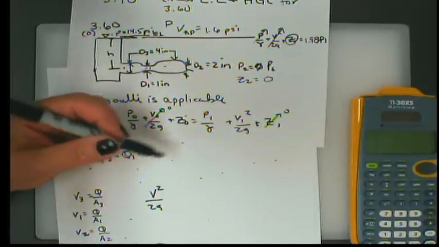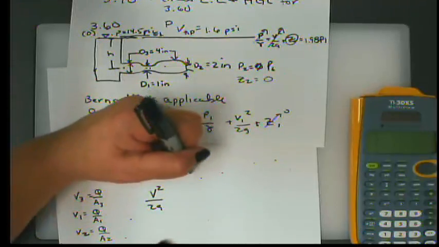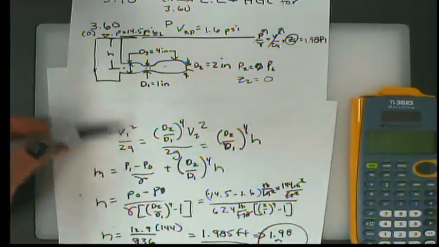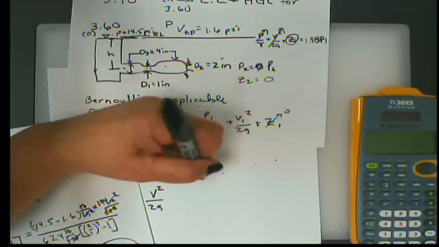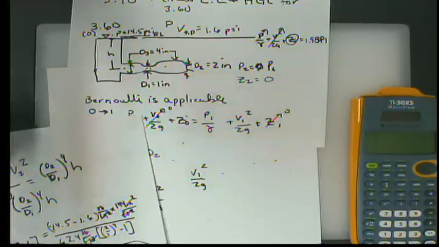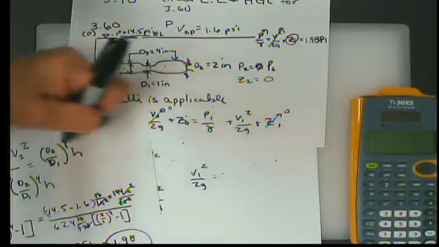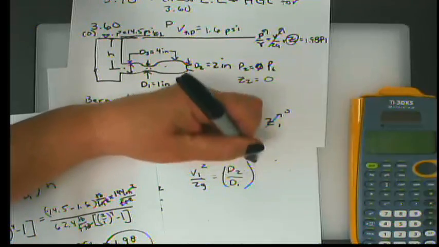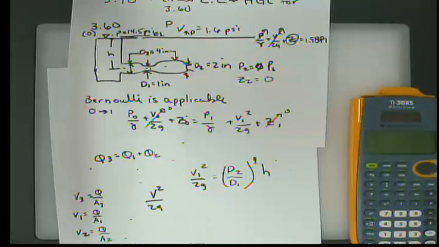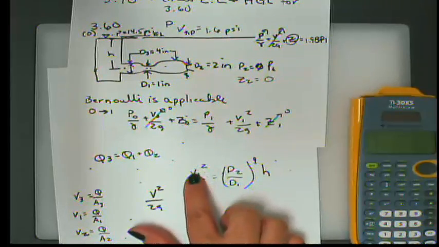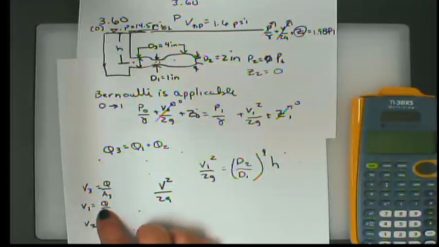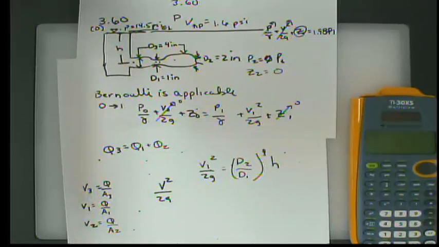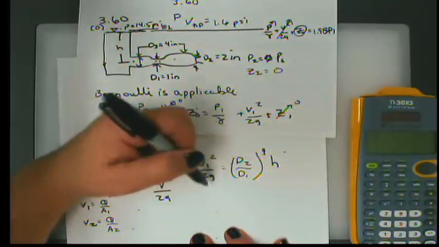So we could say that V1, this is where I came up with this equation when I was working this through, V1 squared over 2G is equal to D2 over D1 to the 4th times H. Now we have everything in this problem except for V1. So we can solve for V1, then we can solve for Q, then we can use that here with those areas to find each one of those values.